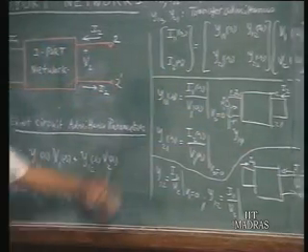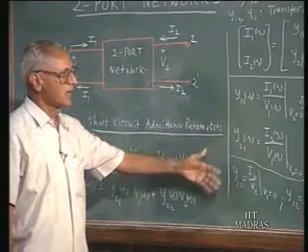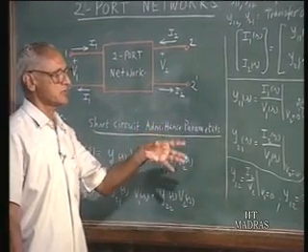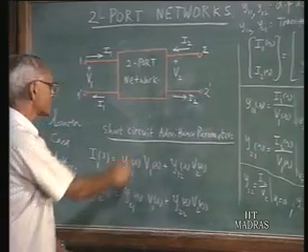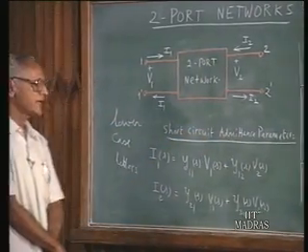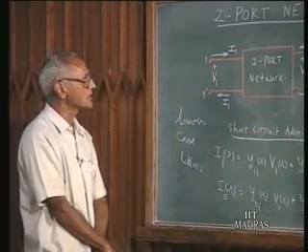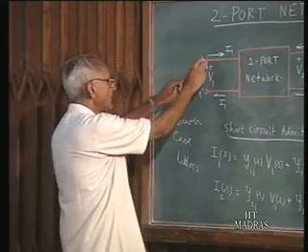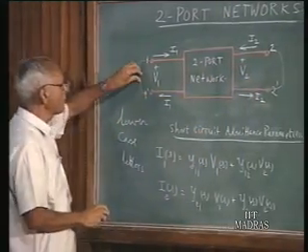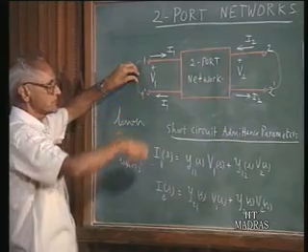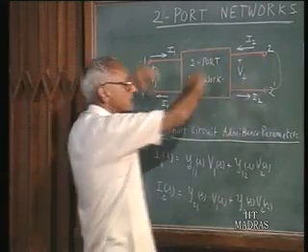So, these are the parameters measured under the short circuit conditions of the network. Both ports are short circuited. Therefore, they are called the short circuit admittance parameters. That is the reason why we call them short circuit admittance parameters, because we assume that the natural form of the network is like this, and you are introducing a voltage source here and measuring the responses. Similarly, you introduce a voltage source V2 and measure the responses.